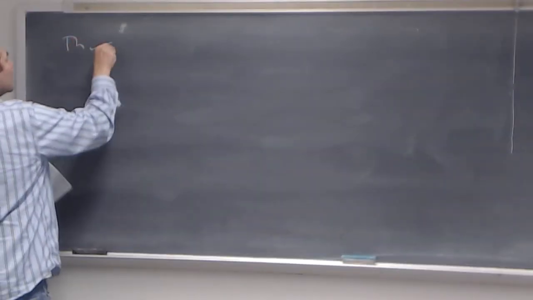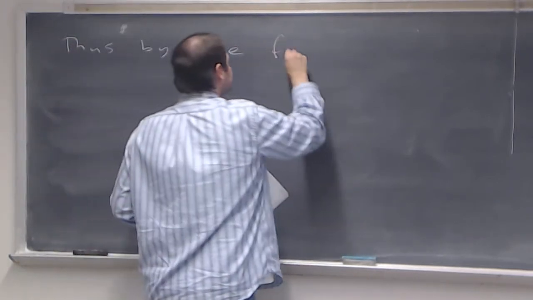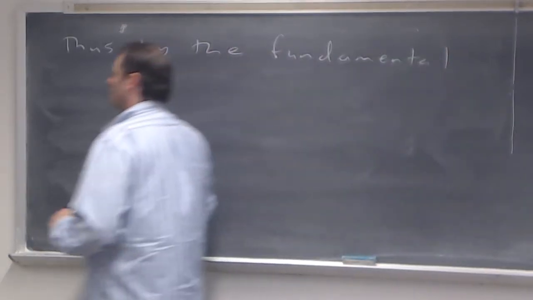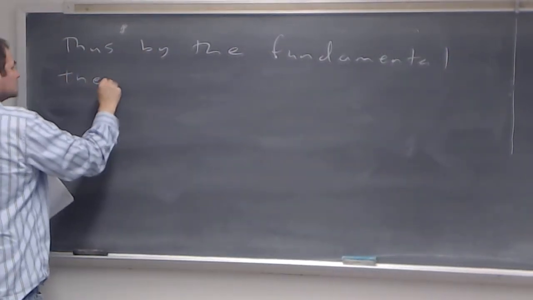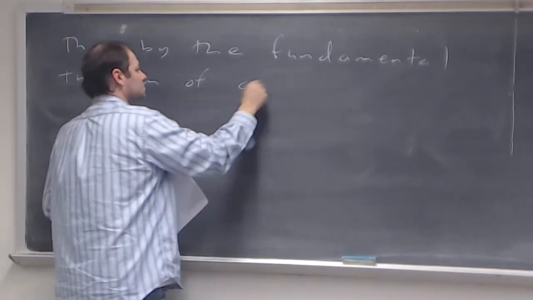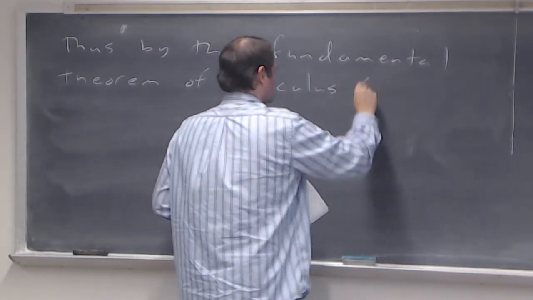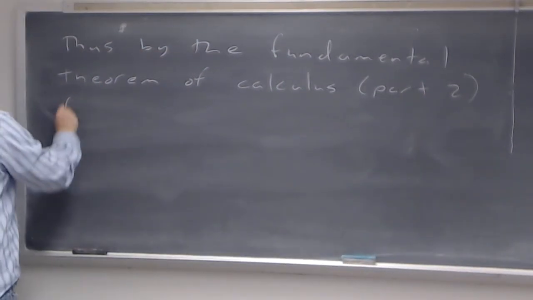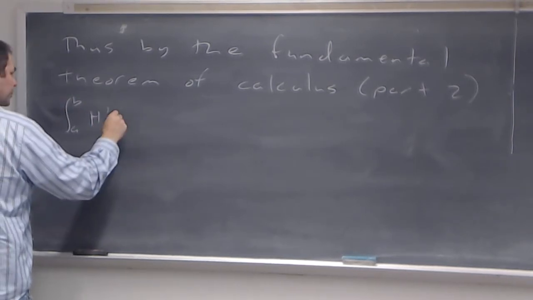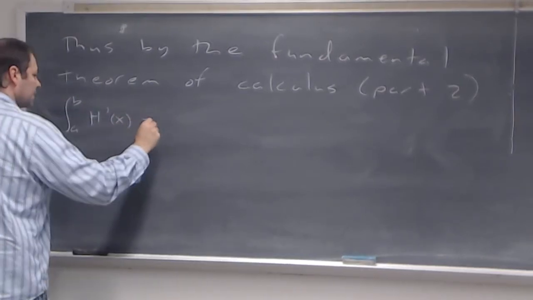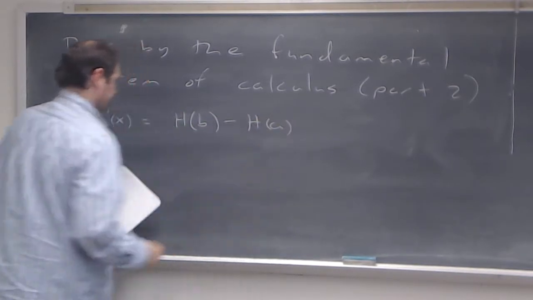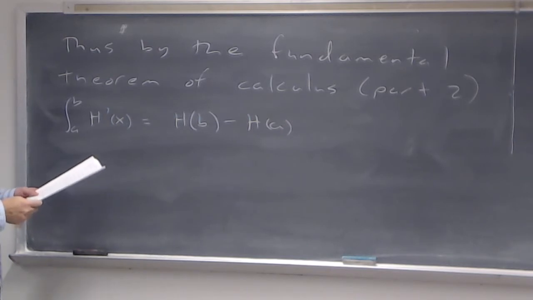Thus, by the fundamental theorem of calculus, part 2, the integral from a to b of H prime of x is going to be equal to H evaluated at b minus H evaluated at a.